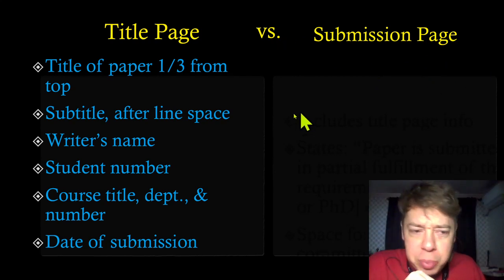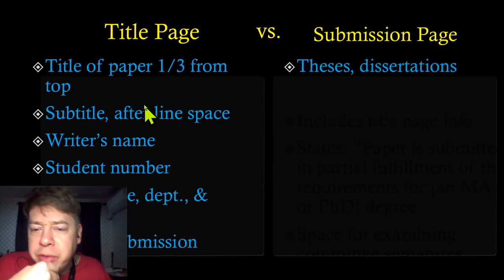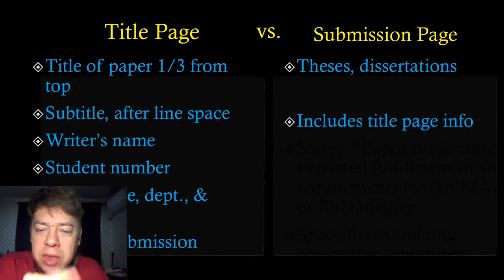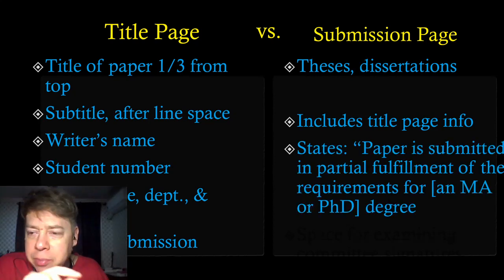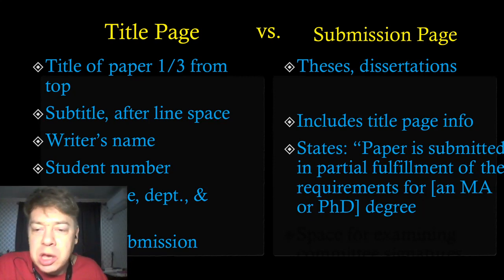For the submission page, it's a little bit different in that this is for theses and dissertations only. And what you would find is that it has everything that the title page includes, except there is also this small part about the paper being submitted for partial fulfillment of requirements such as a master's degree or a PhD.